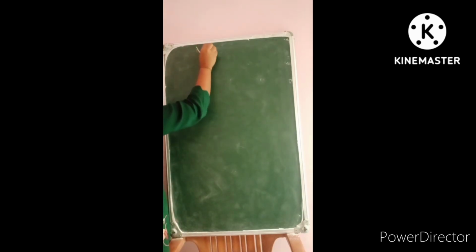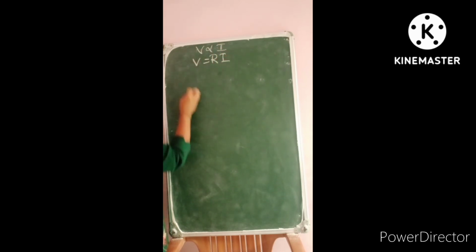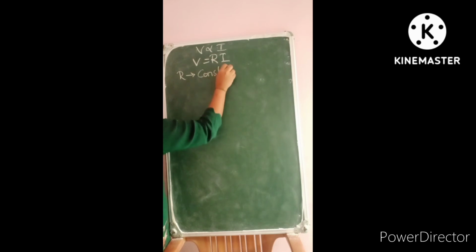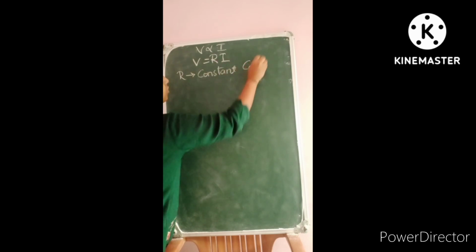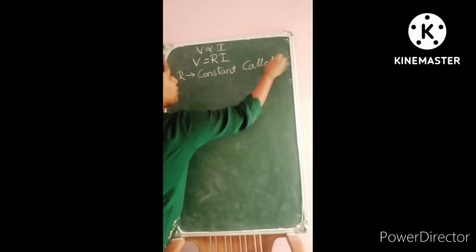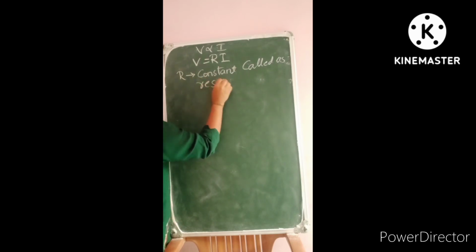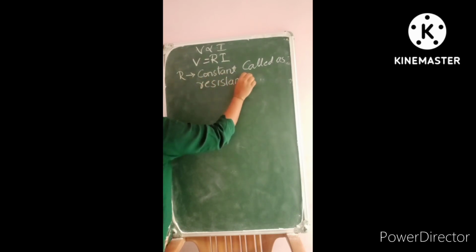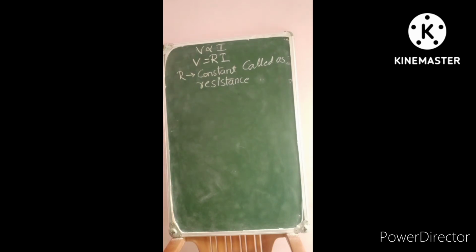We know that I is directly proportional to V, or V is directly proportional to I, and by replacing the proportionality symbol by a constant R, where R is a constant called resistance. How do you define electric resistance?